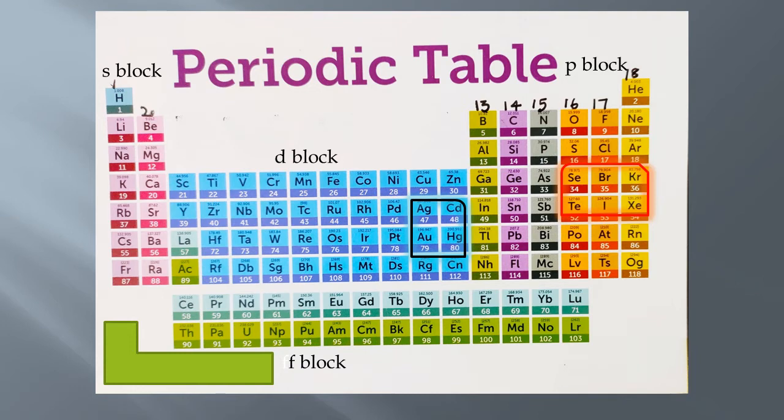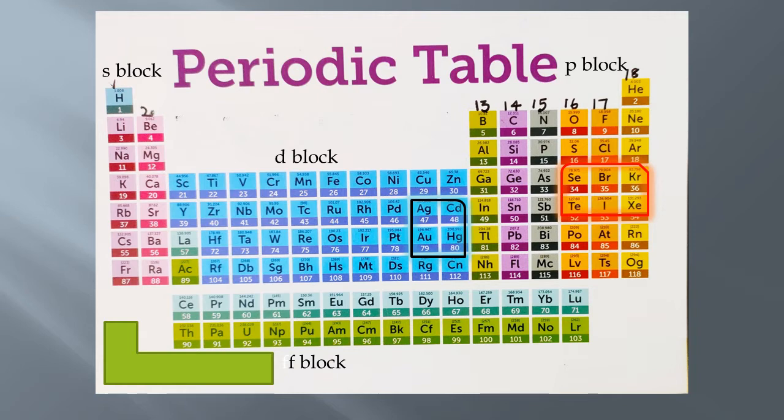Let us now see how the periodic table can be used to learn valencies of elements. So this is the modern periodic table framed by Moseley. This is based on the atomic number of elements.